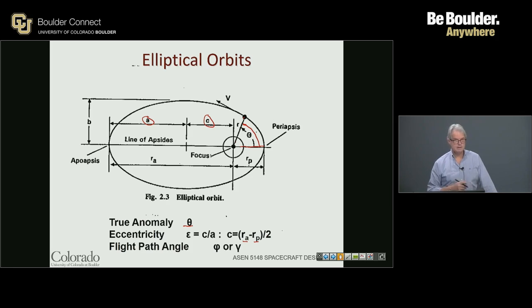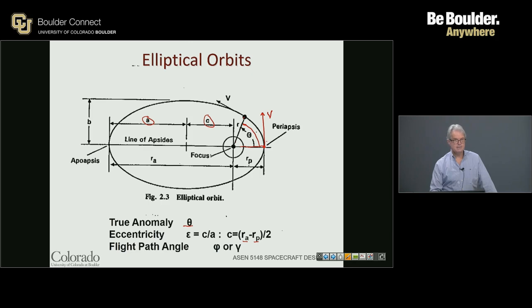Last thing I want to talk to you about, because it's important, is what we call flight path angle. Okay, as the spacecraft is moving around the orbit plane, the velocity vector of the spacecraft has a relationship to the orbital plane itself. If the spacecraft is at periapsis, its velocity vector points in this direction. The velocity vector is tangent to the ellipse at this point in time.